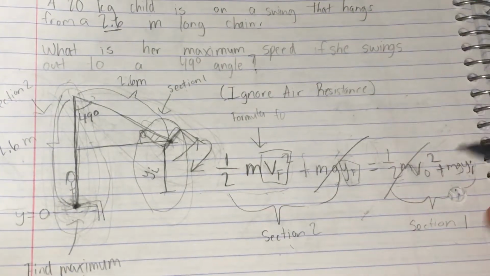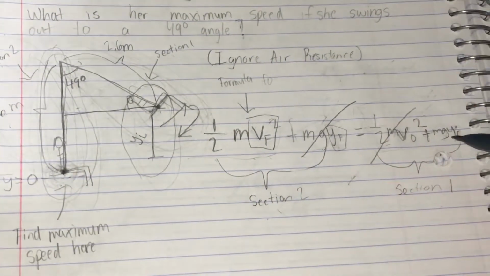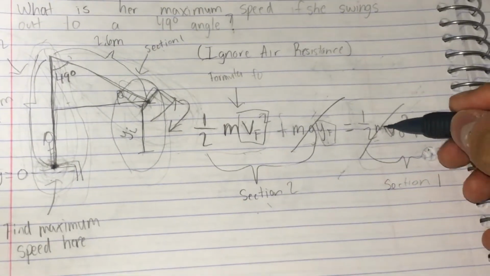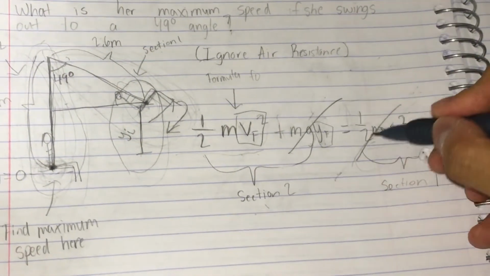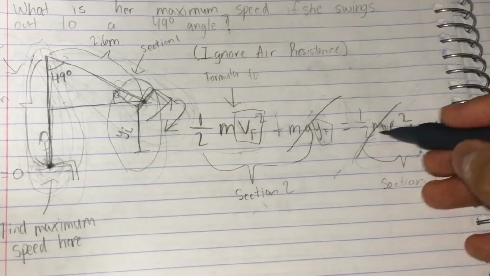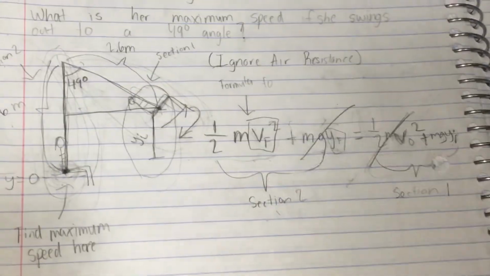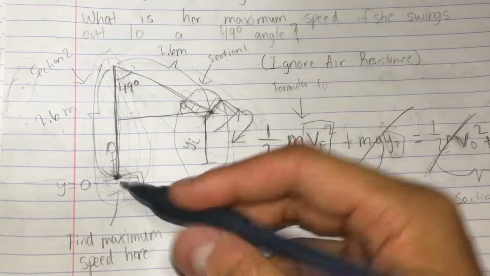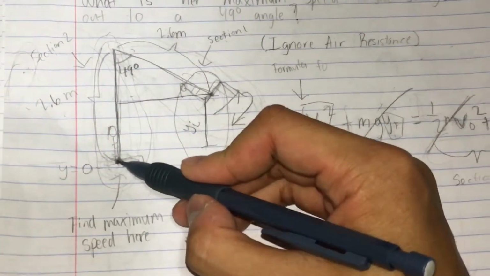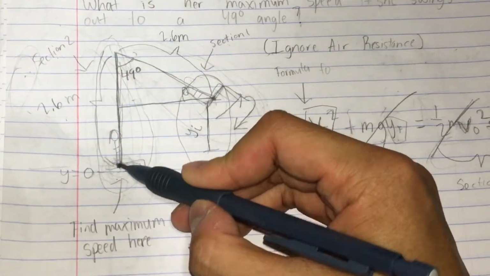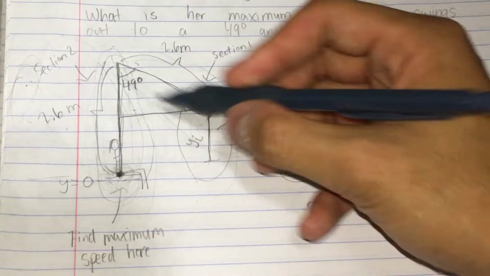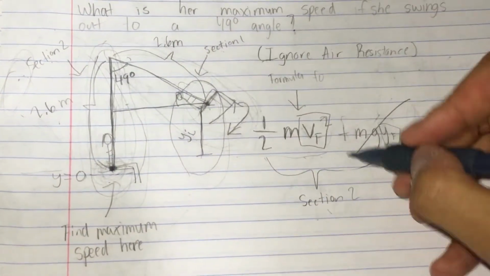Therefore, if you plug in 0 for the velocity in the kinetic energy formula for section 1, this whole term would be 0, so you can cross that out. And for the final position, since it's at the very bottom, the height would be 0.